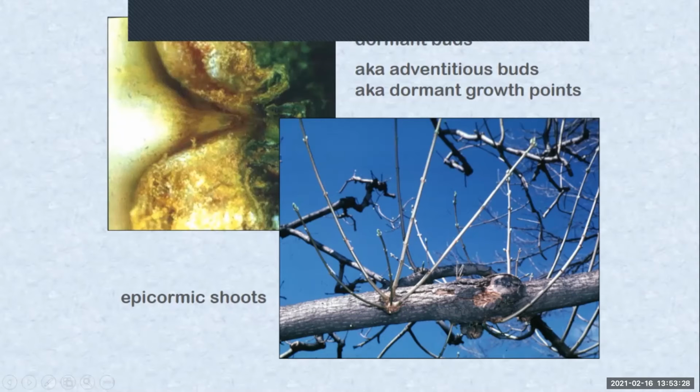Okay, it's kind of a backup system for the tree to produce some new growth when it gets injured. But it's not a very good condition. When you see epicormic shoots, it typically means you've got some serious problems in the tree or some injury to the tree.